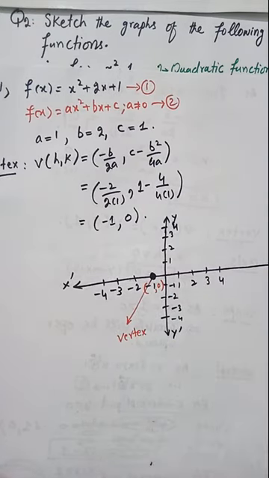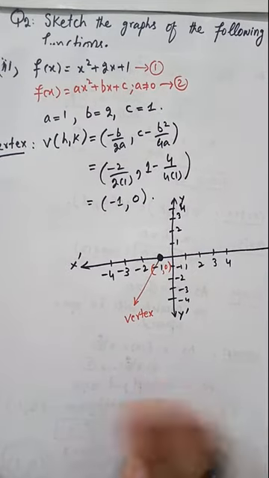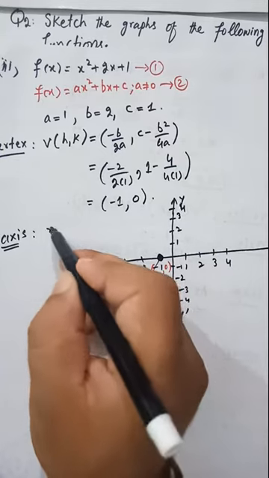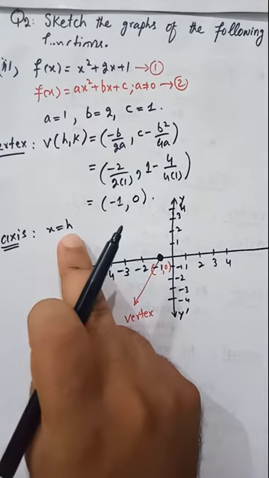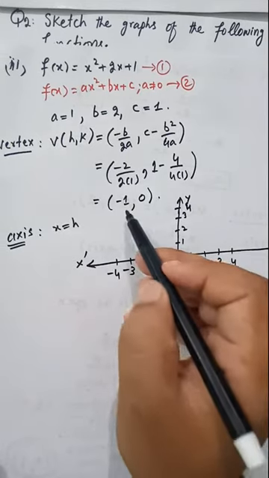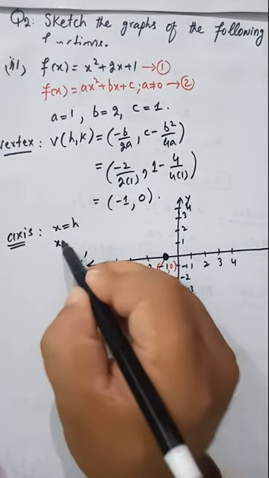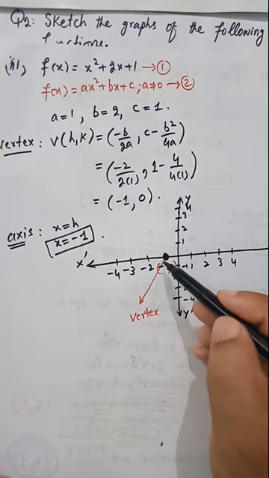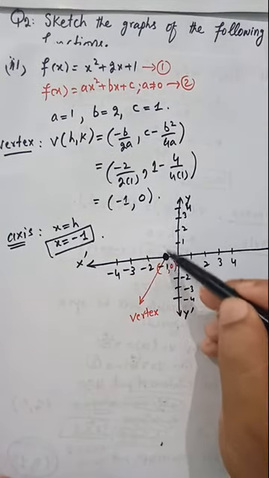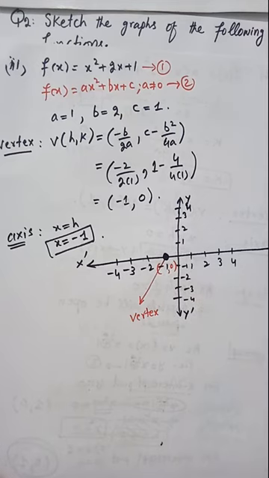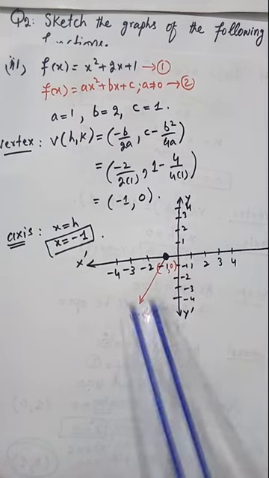The next step is finding the axis. So x is equal to h is the vertical line, which is the axis. Here x is equal to minus 1, my vertex. x is equal to minus 1 means a vertical line on which everywhere the value of the x coordinate must be minus 1.